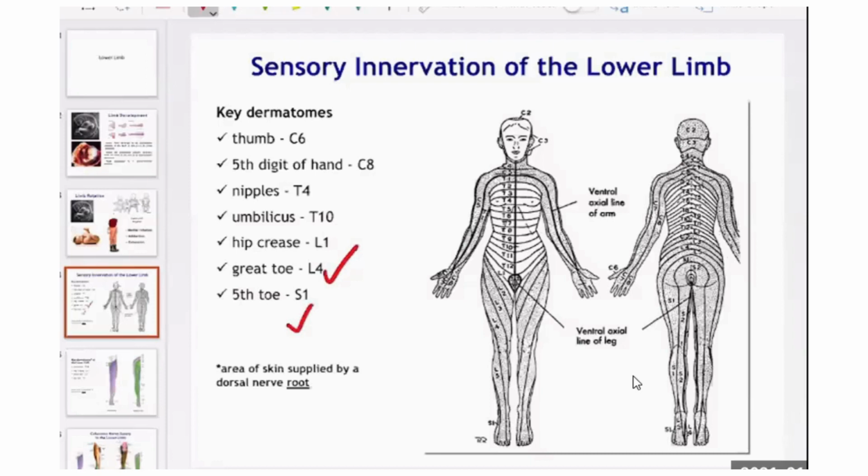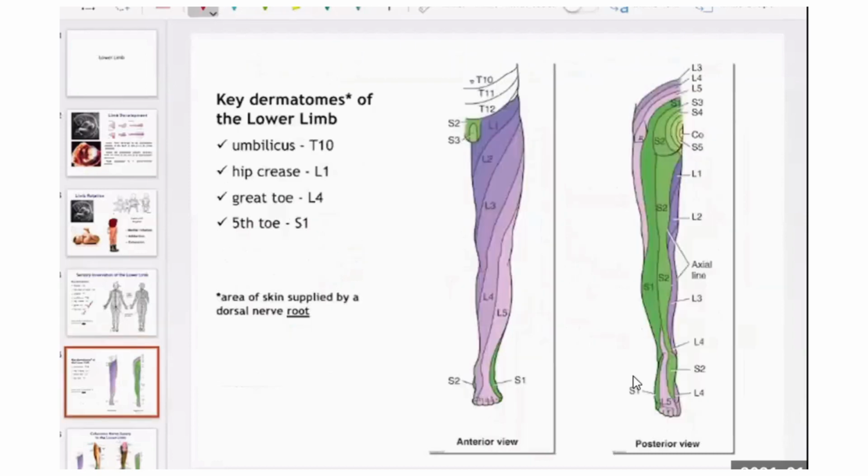L1, anterior part of the thigh L2, L3, over the patella L4, on the leg L4, L5, over the dorsum L5, S1. All three nerves are there. L5 is descending down along the anterior aspect.